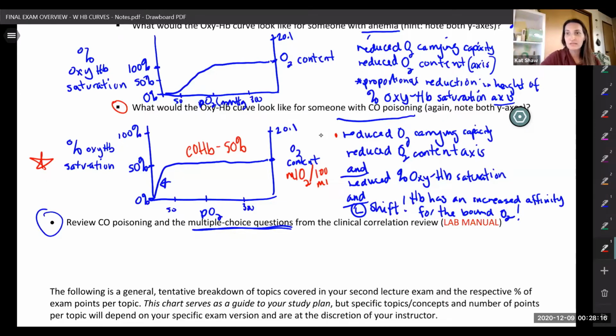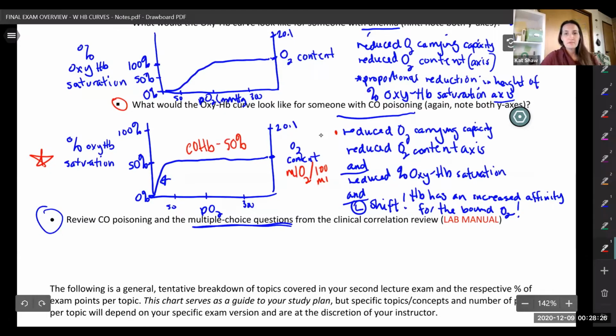And if it doesn't want to let the CO go, the oxygen can't unbind either as readily, right, during unloading. Right. So I just wanted to point out some aspects of this here, because we're going to see a diagram very similar in that CO poisoning clinical correlation in the lab manual, right?